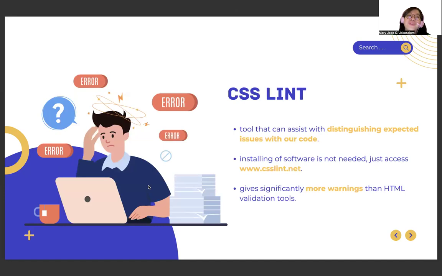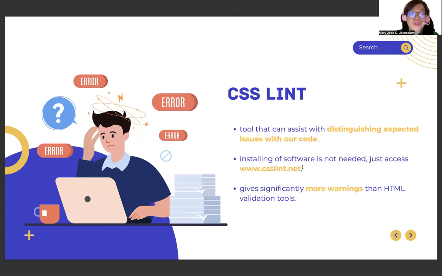Then we have the last one, what we call CSS lint. In topic 2, we discussed the W3C markup validation service. For CSS code, we have CSS lint, which is another validation service, but this time it's used only for CSS code. So again, CSS lint is used to determine whether there are errors in our code.